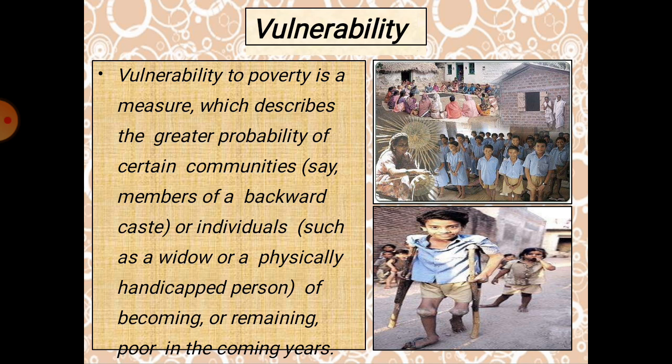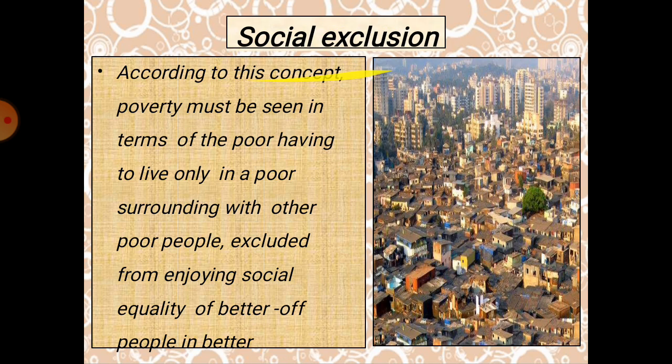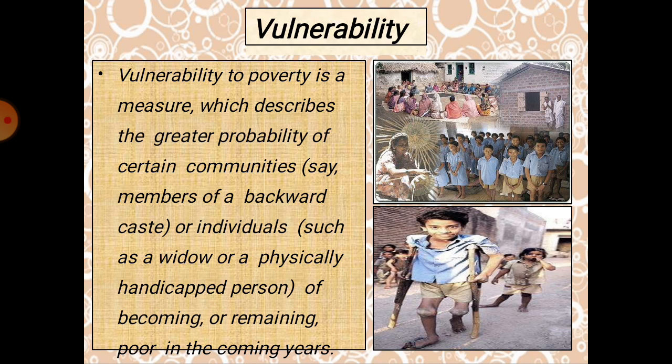Here you can find this vulnerable section trying to live a good life, even if they are not getting proper education, even if they don't have any assets, even if their health is not good, and they are not getting proper job opportunities. They are trying to live their own life. If you analyze further, on the basis of greater risk, this group has been under the greater risk.